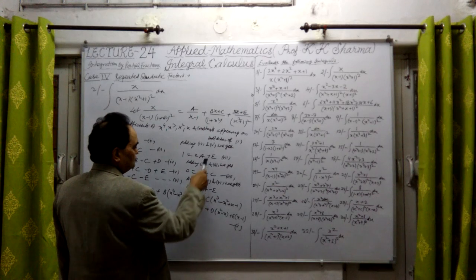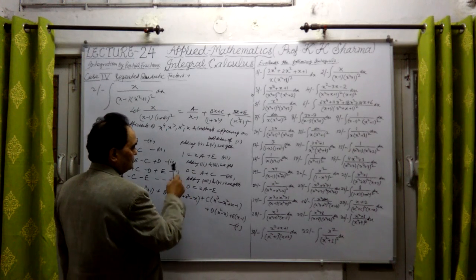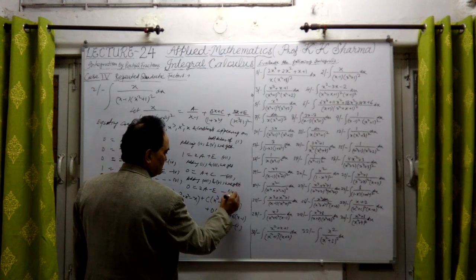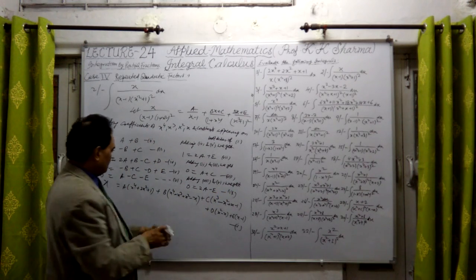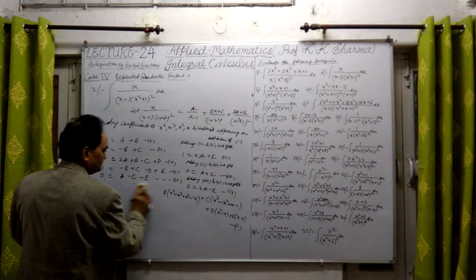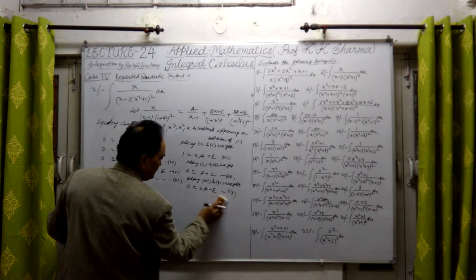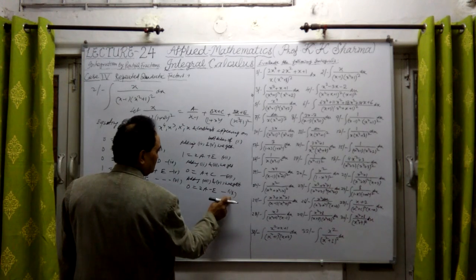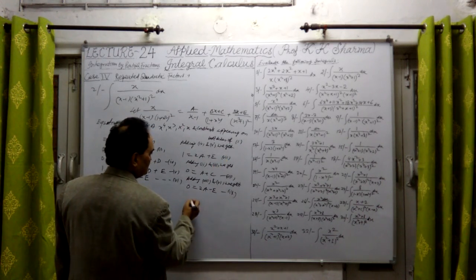So adding these two, we get the value of A. 4A equal to 1. Now let me add the 9th equation and the 7th one.